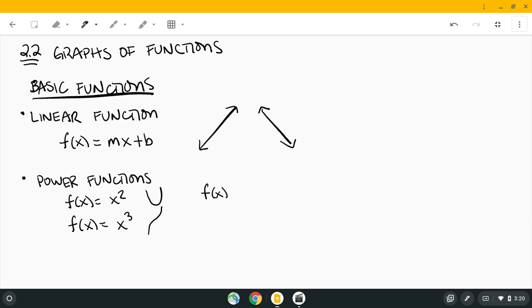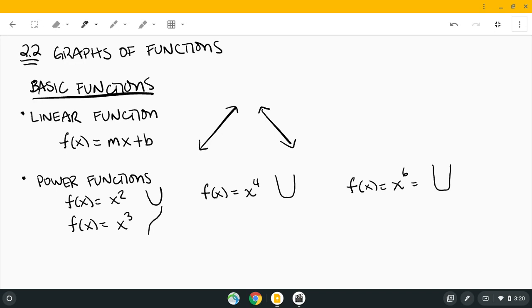Because what happens is x to the fourth, x to the sixth, they all pretty much have this form, except that right around 0, it's more flat, depending on the exponent, as the exponent gets higher. So whether you have x to the fourth or x to the sixth, x to the eighth, etc., you have it more flat, but it's not completely flat.